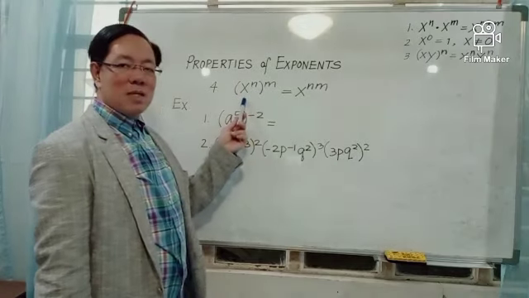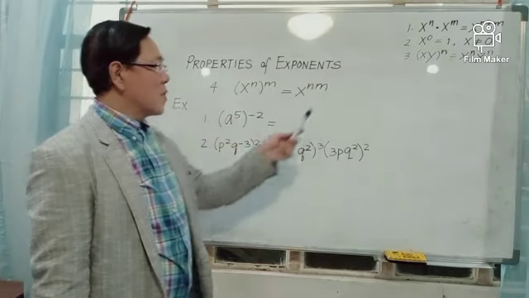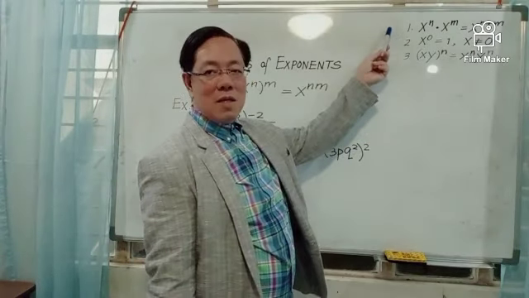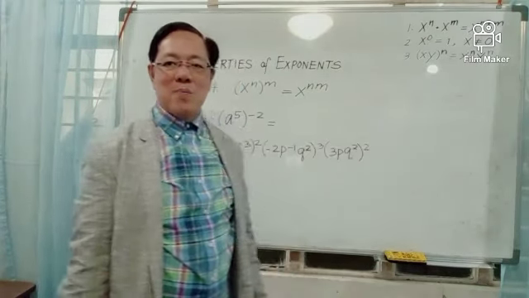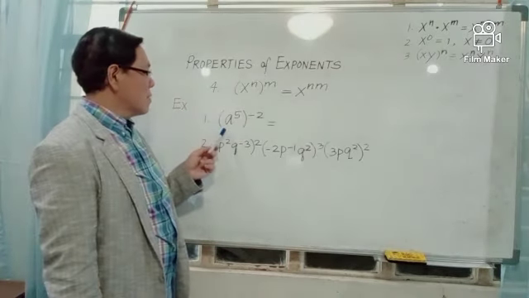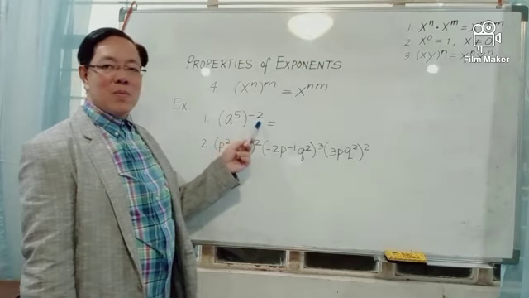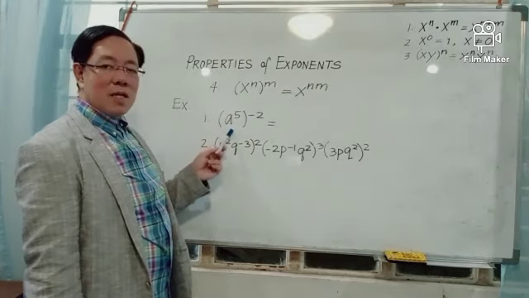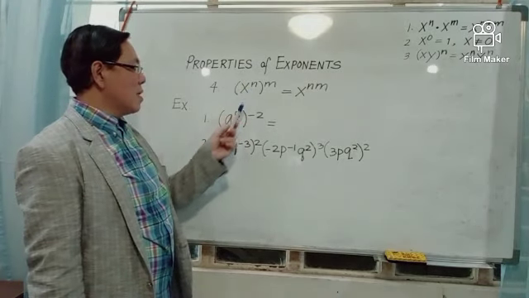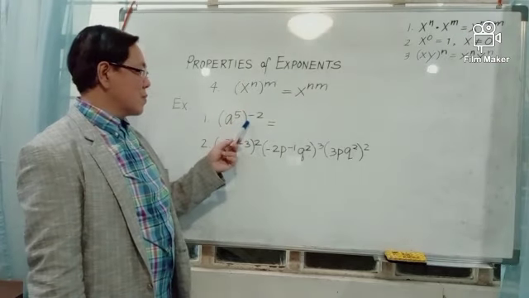We apply this fourth property of exponent together with these other properties of exponents. Consider number 1. We have a raised to 5 to the power negative 2. In this example 1, your x is a, n is 5, m is negative 2.